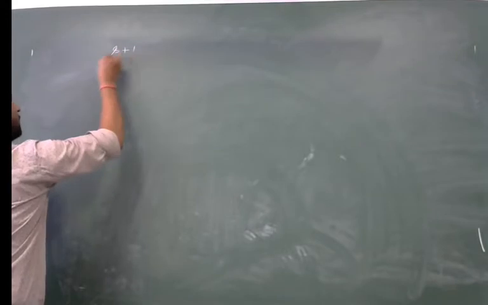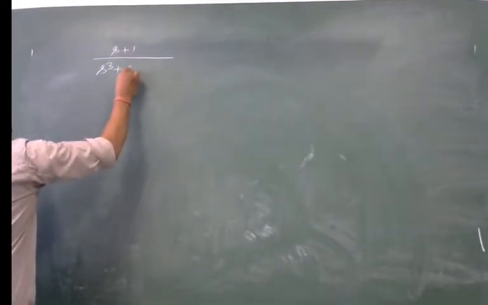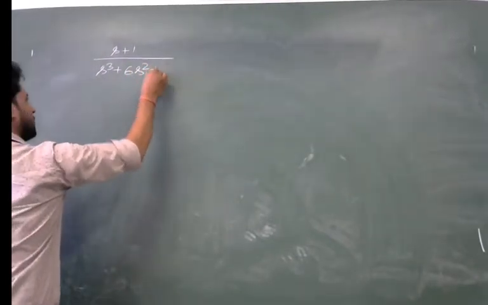The one example says that X of s is given, and we have to calculate the inverse Laplace transform by using this relation. So X of s is given as s plus 1 upon s cube plus 6s square plus 4s square plus 6s plus 4.